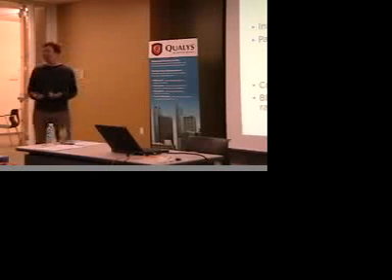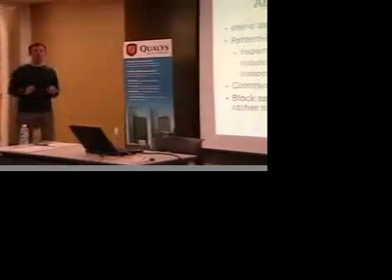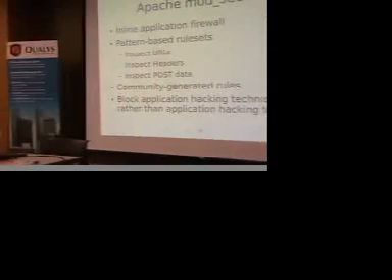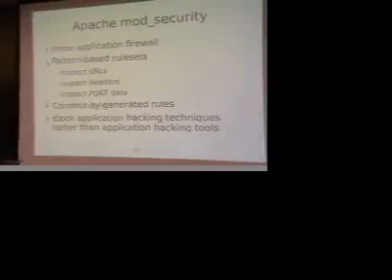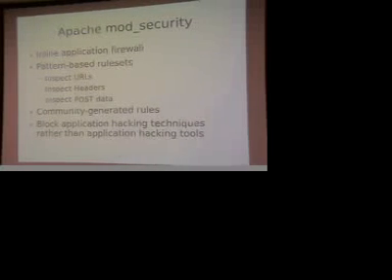Apache mod_security is probably one of the best things you can do that will actually protect your web application. Mod_security is open source and has a large community behind it, and that community has generated a lot of rules that are useful for just a default configuration. Just install mod_security, turn on these rules, and cross your fingers and hope that it doesn't impact your web application.